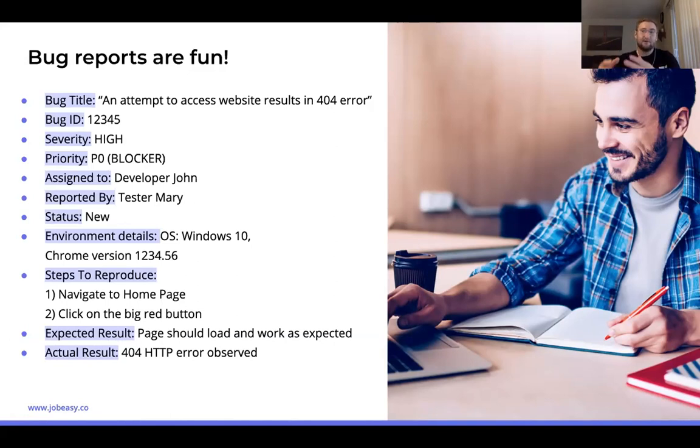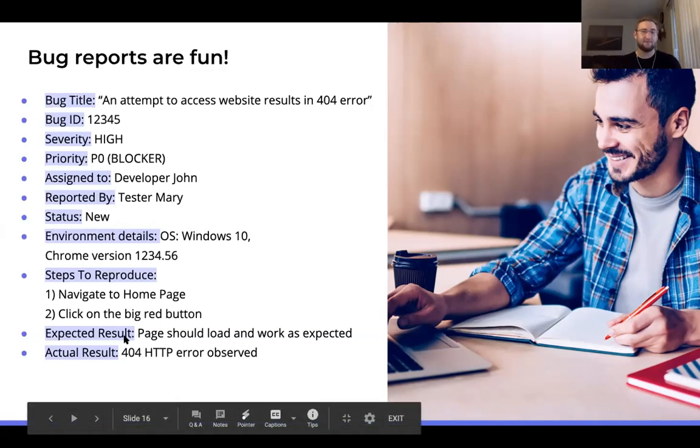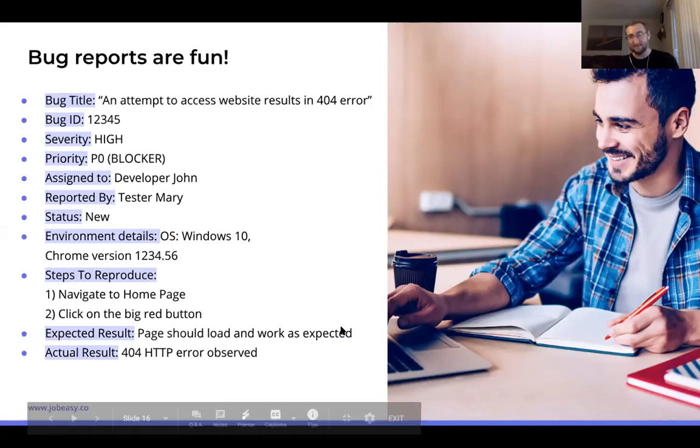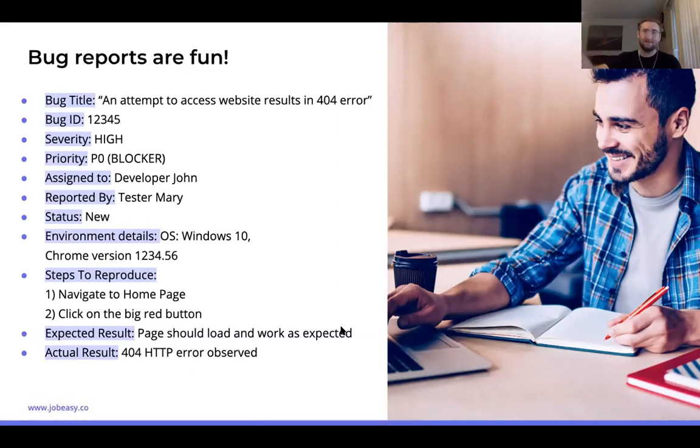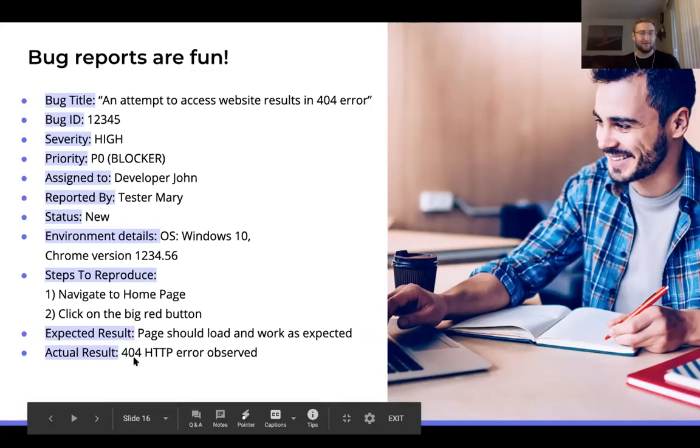It should take us to maybe the checkout page, maybe the search results page, whatever it is, but it's not supposed to be 404. So in our case, the expected result, we can say, page should load and work as expected. Or we can provide more details about what page exactly should be open to the user, right? An actual result is 404 HTTP error observed.